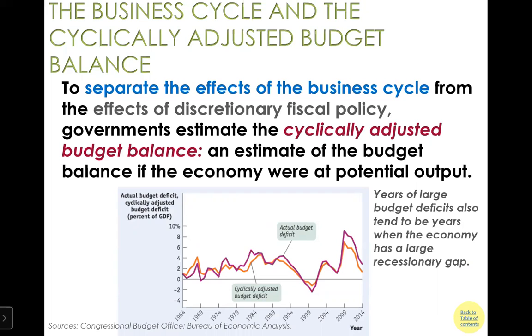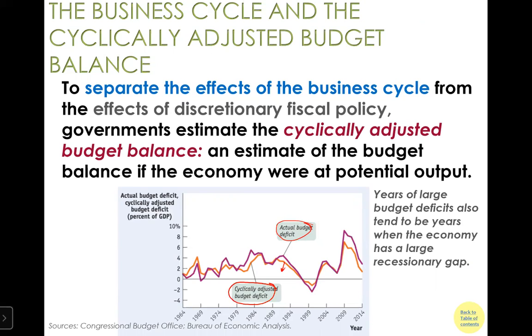Right. So now here, this purple line is the actual budget deficit, and this brownish line is the cyclically adjusted. What is the difference? You can see this brownish line, the cyclically adjusted, fluctuates slightly less, right? So when we are in a recession, the cyclically adjusted deficit is going to be smaller, because we are trying to estimate what the budget balance would look like if we had potential output.